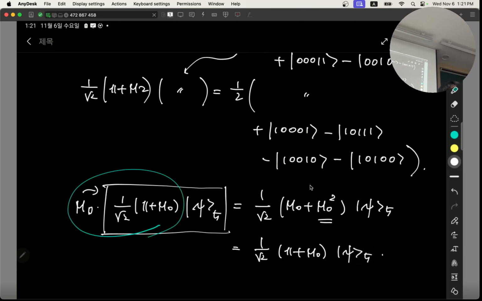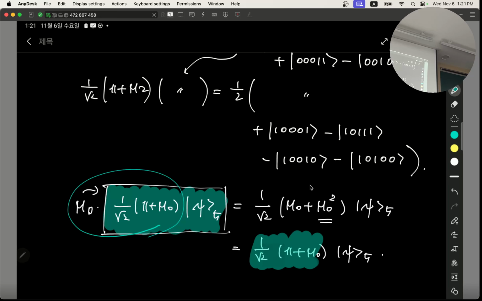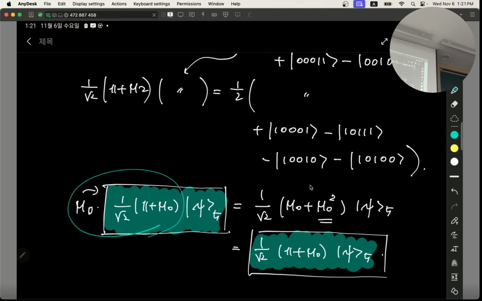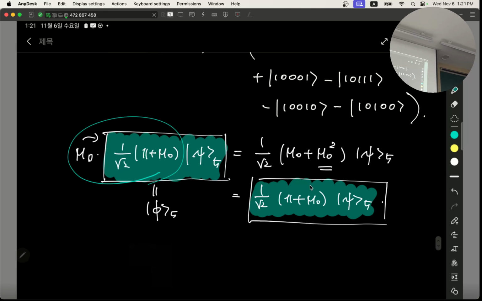Okay. So what does it tell you? So it tells you if you take the entire these states as something, let's say, let me call this phi. Okay, so call it phi here.